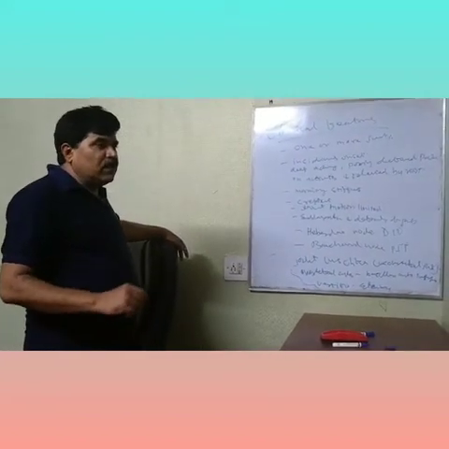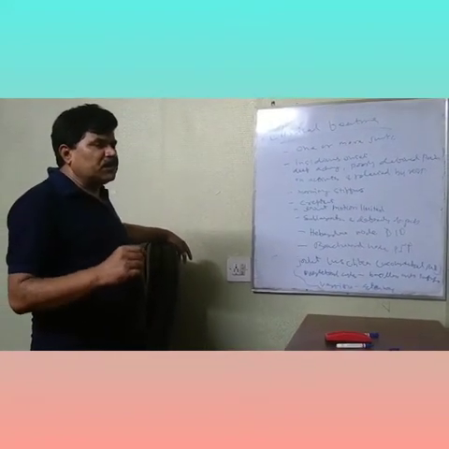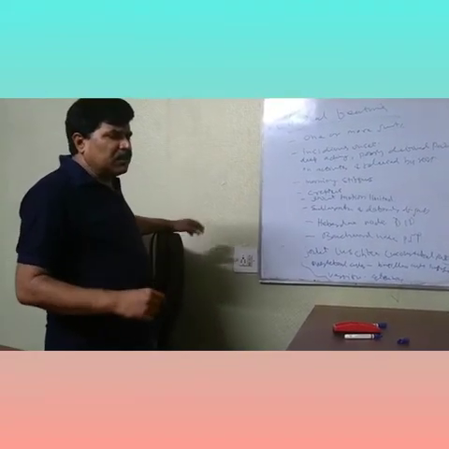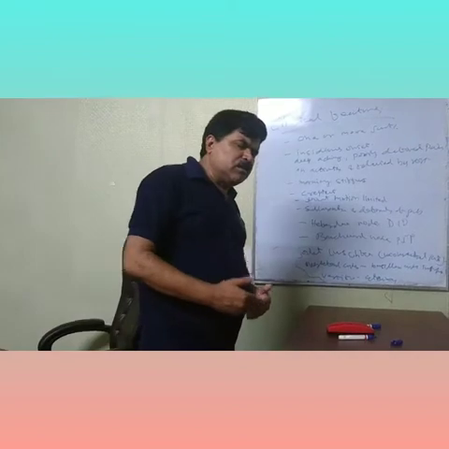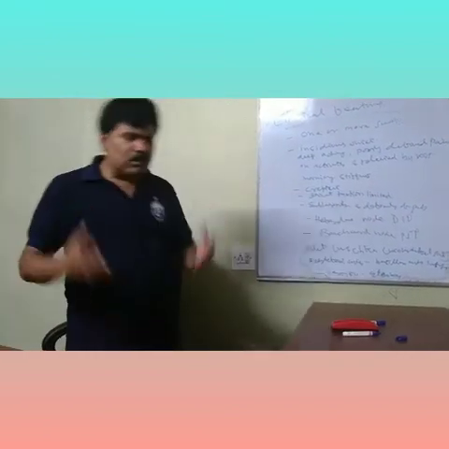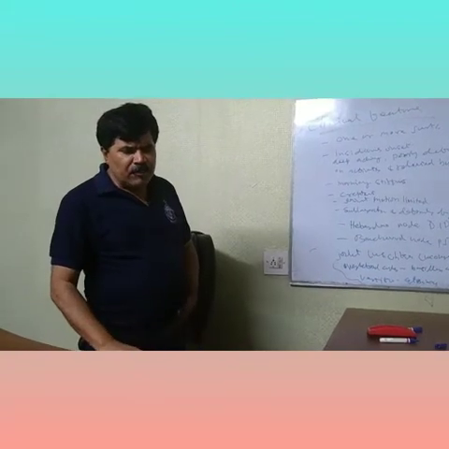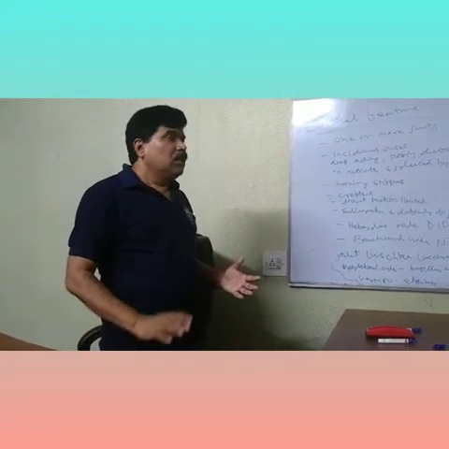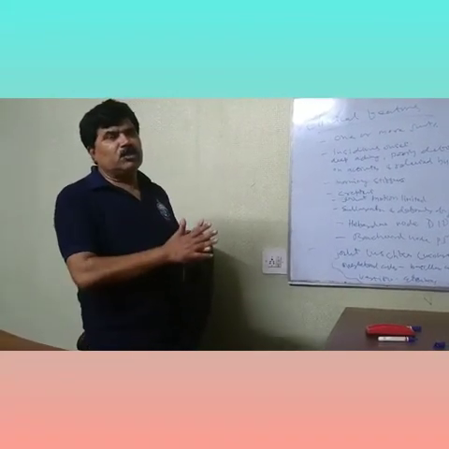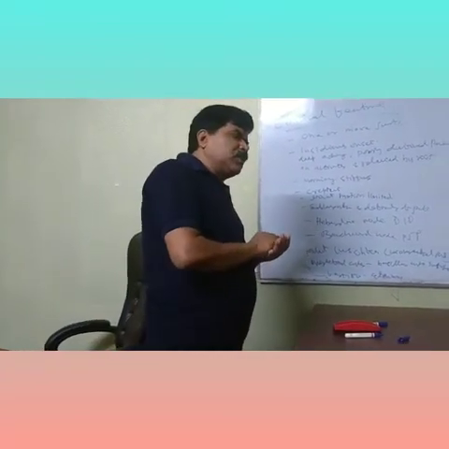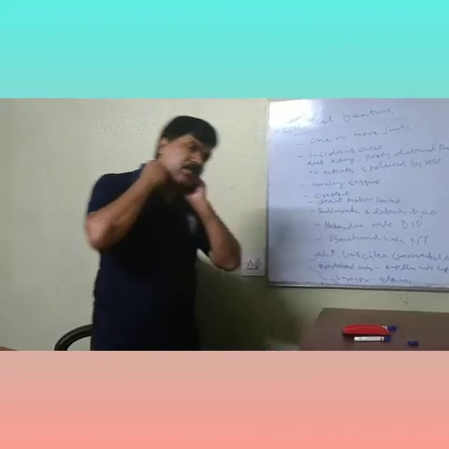One is very specific: in osteoarthritis, the patient may suffer from vertigo and ataxia, so difficulty in walking and severe giddiness. This can happen in some cases of osteoarthritis of the spine, especially the cervical spine.